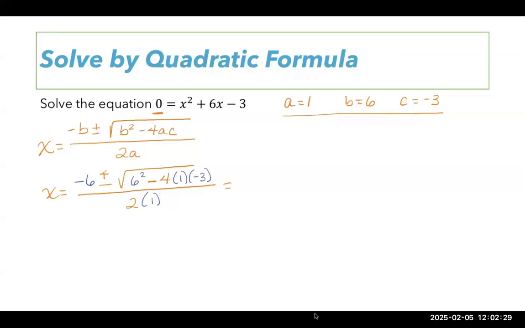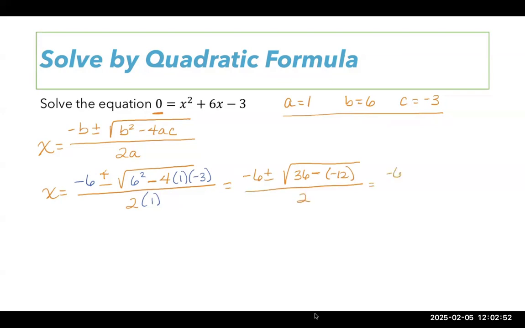Okay, so now we start simplifying. So we have the negative 6 plus or minus. Inside of the square root sign, 6 squared is 36 minus 4 times 1 times negative 3 is a negative 12. And in the denominator, 2 times 1 is 2.